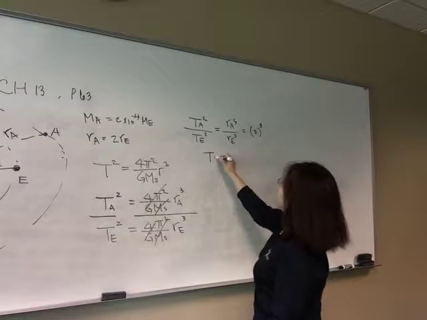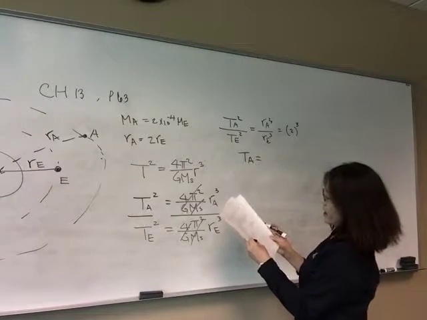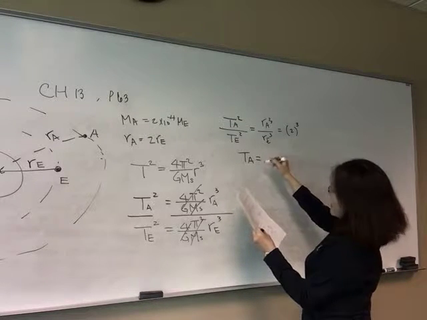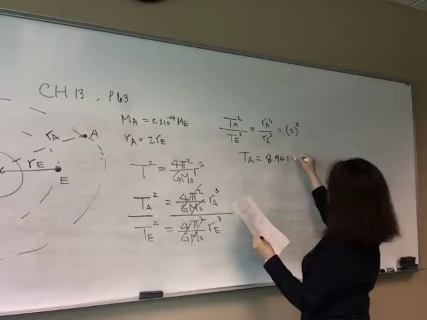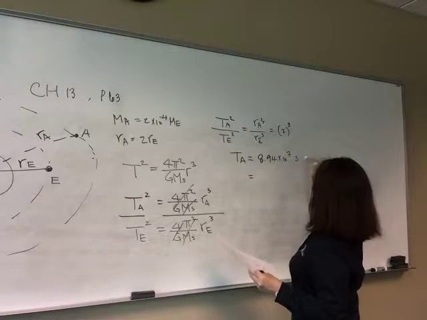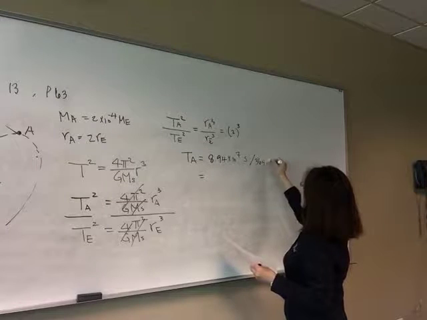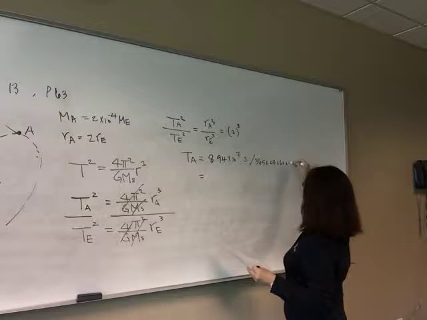So what we have here is that after you plug in the numbers, your TA will be 8.94 times 10 to the 7th. That's in seconds, and then divided by, let's see, 1 year has 365 days, and each day has 24 hours, 60 minutes, 60 seconds.